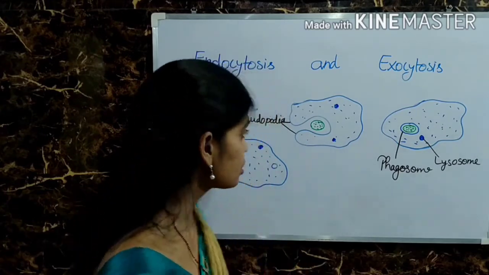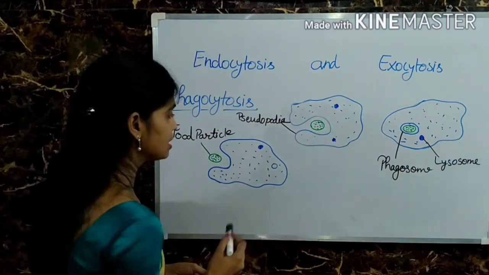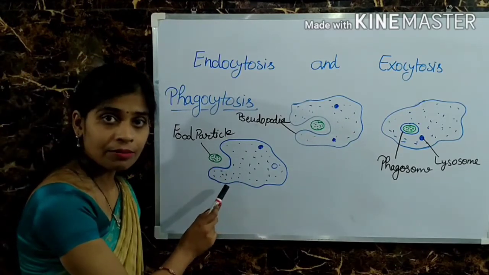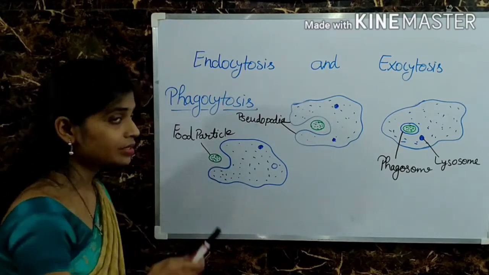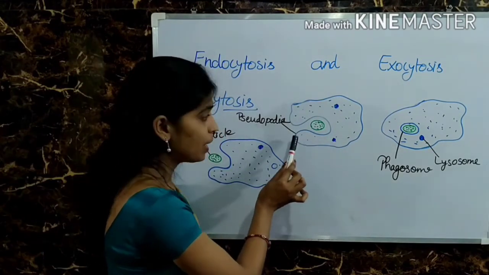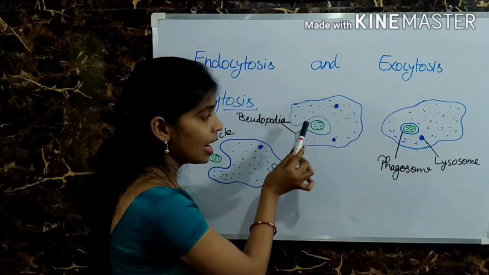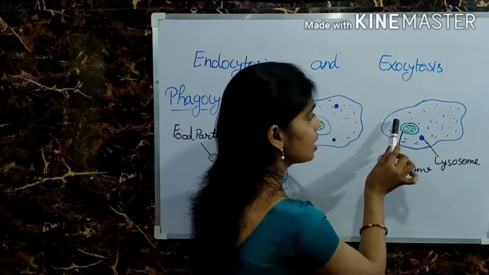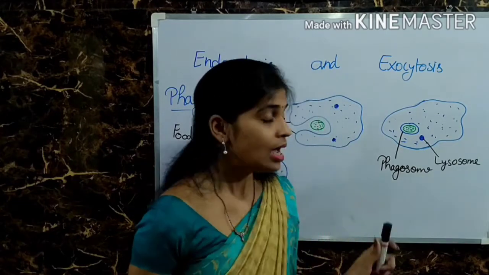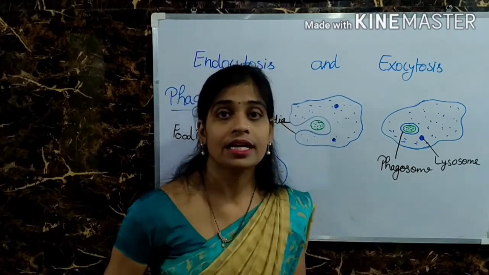So this is the process of phagocytosis, in which the food particle comes in contact with the cell membrane, then the food particle is engulfed by the cell by forming the pseudopodia, and the cell forms the vacuole, also called the phagosome, and keeps the food inside it.